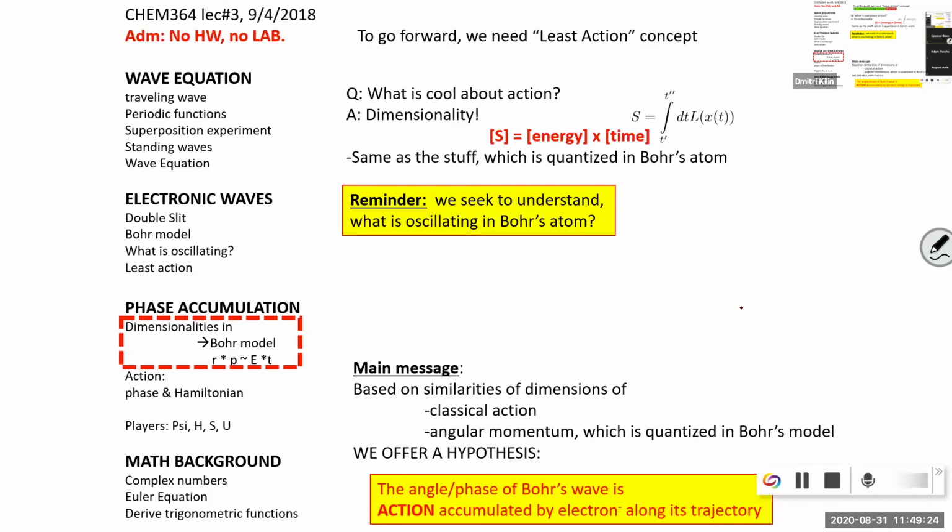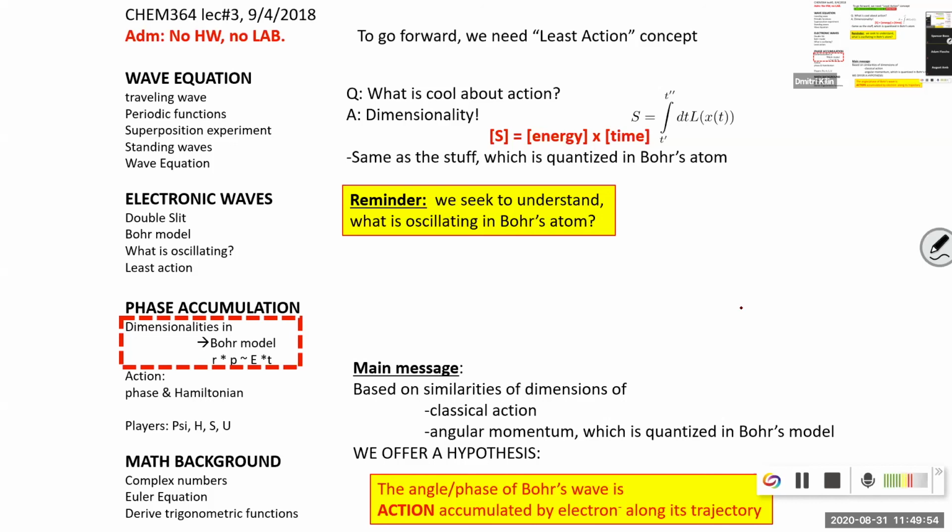So we are still in this quite uncertain area, but if we try to summarize the things that we were discussing, we can formulate it this way. When an electron is revolving around the nucleus, it accumulates action.